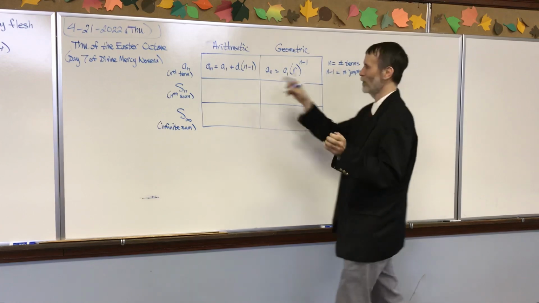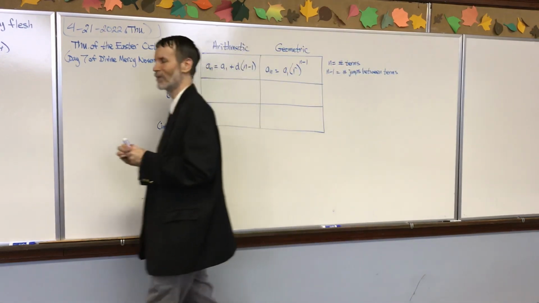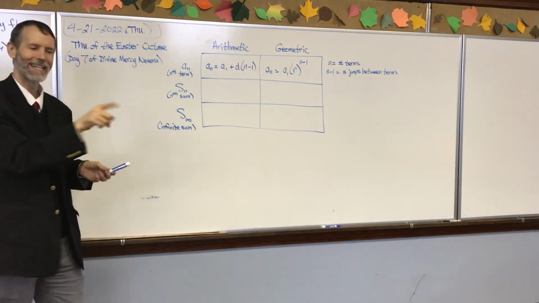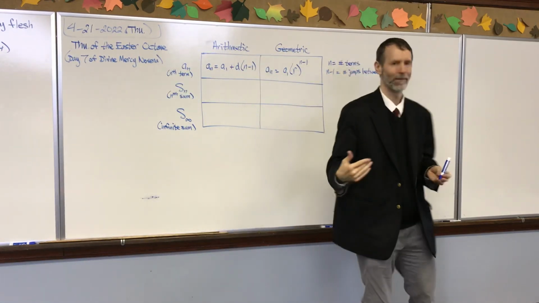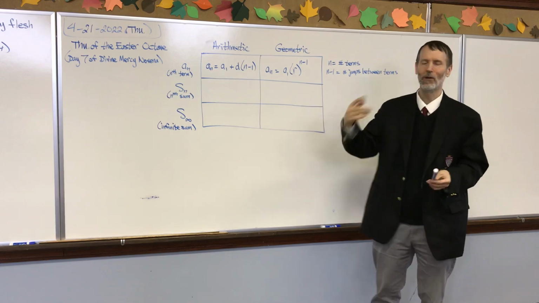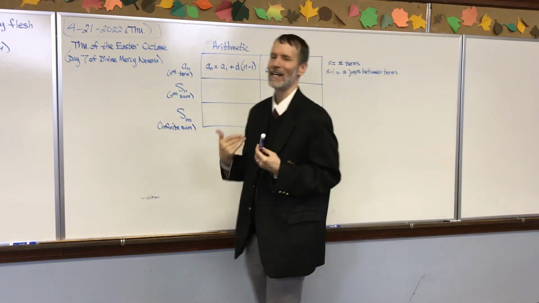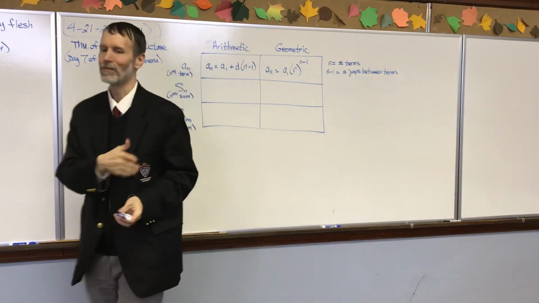So if you're adding repeatedly, you're not going to add 100 times for 100 numbers. There are only 99 gaps between, so you'd add 99 times. So it's n minus 1. Same thing with multiplying. You don't multiply 100 times, you multiply 99 times to go to 100 terms.